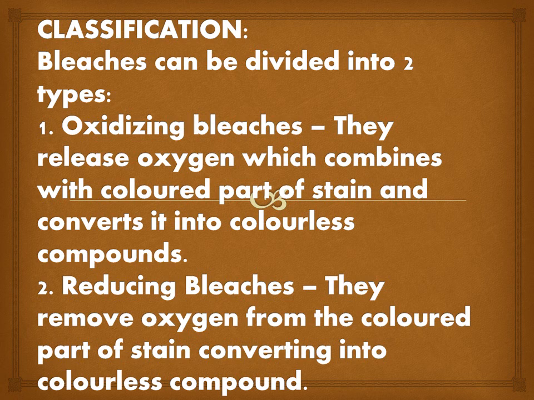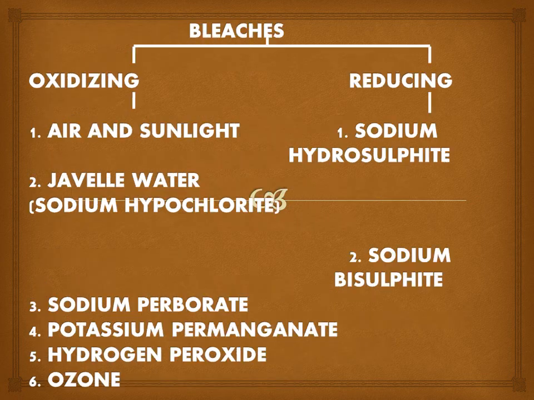Oxidizing bleaches release oxygen which combines with the colored part of the stain and converts it into colorless compounds. Whereas reducing bleaches remove oxygen from the colored part of the stain and convert it into colorless compounds. So bleaches are of two types: oxidizing and reducing.